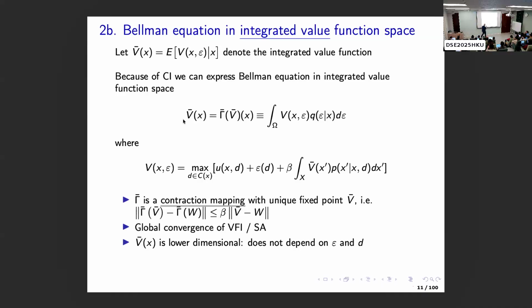So now we call this the integrated value function. Essentially, the expectation of the value function is only conditional on the current value of the states. Okay, and then, because of the conditional independence assumption, we can express the Bellman equation in this much reduced function space.